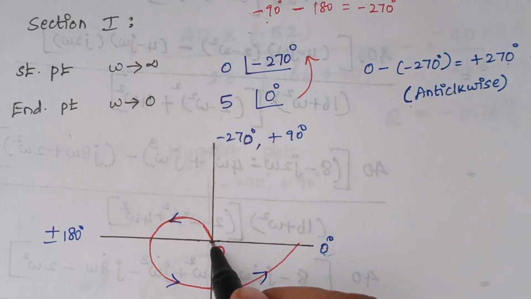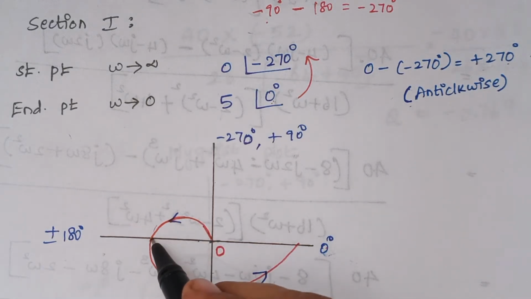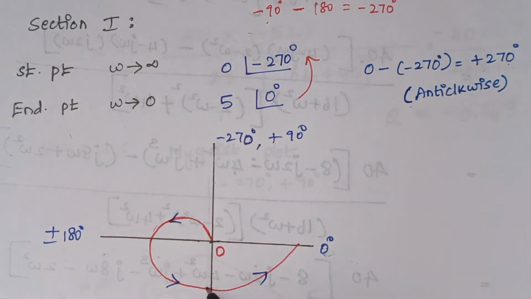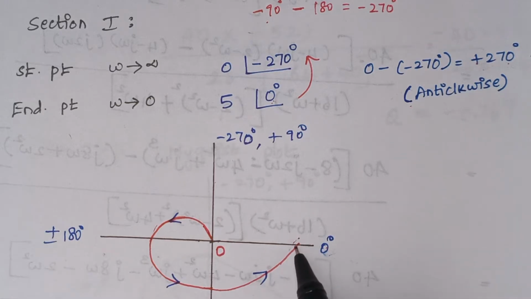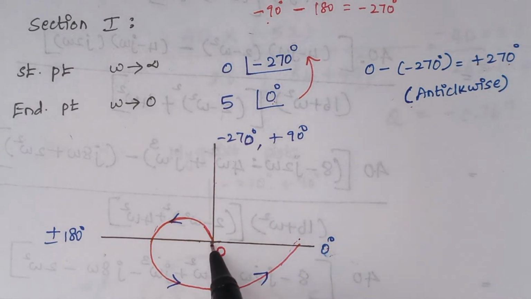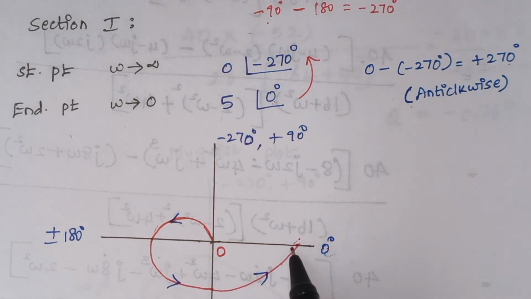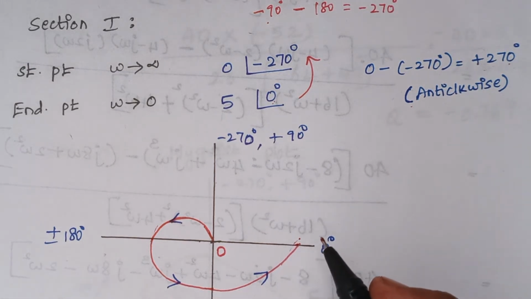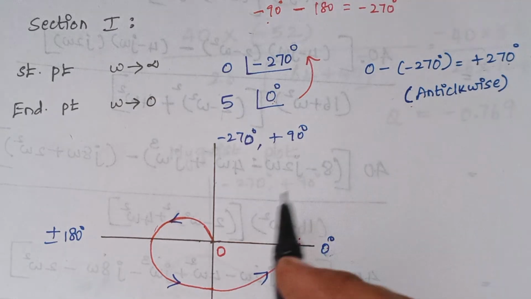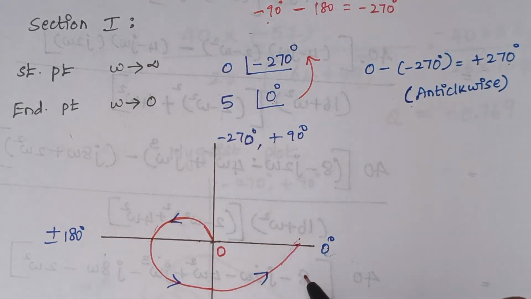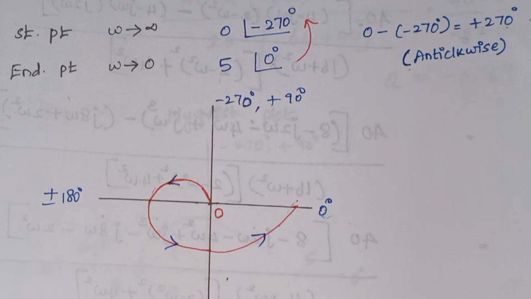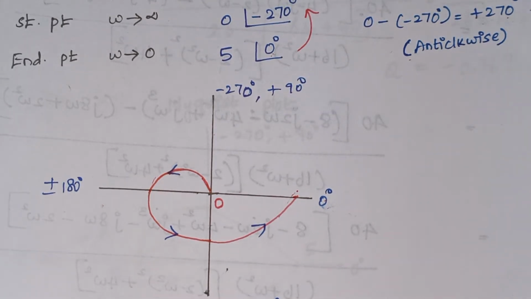So it starts here and covers the 1st quadrant, the 2nd quadrant, and finally the 3rd quadrant. Totally it has to cover 3 quadrants, right? It starts here, travels in the anti-clockwise direction, covers 90 degree here, another 90 degree, and another 90 degree here. So totally 270 degrees and the direction is anti-clockwise. So just mark over it, right? And again, now we are moving to our section 2.